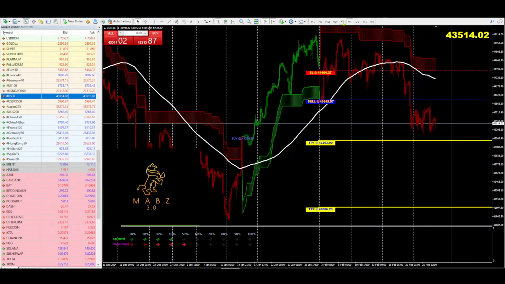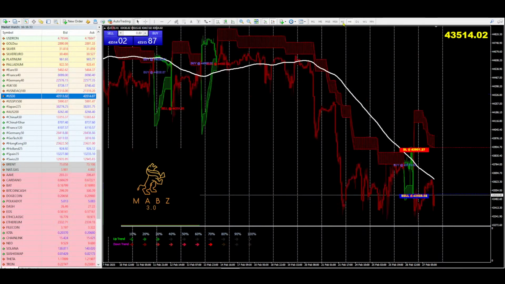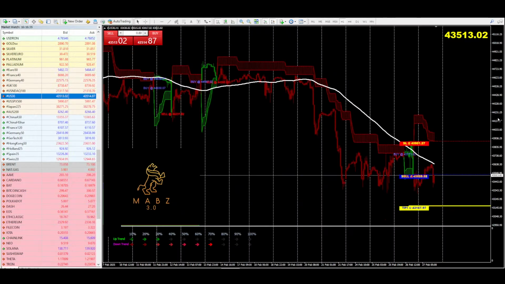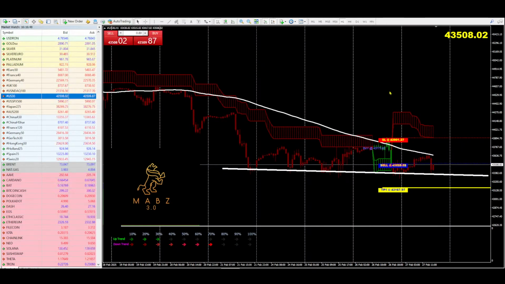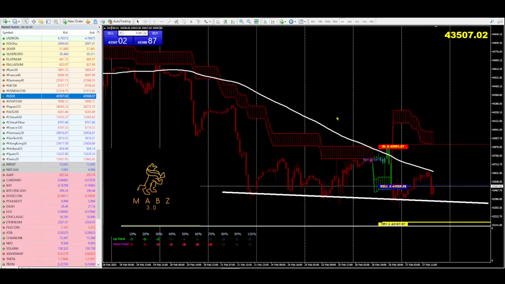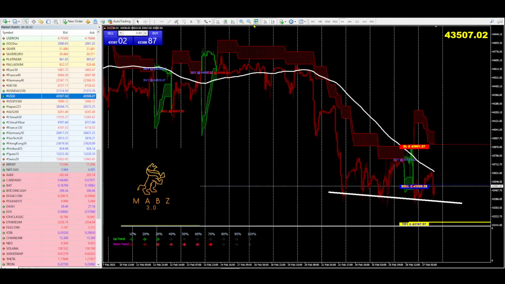Okay, US 30 on the H4. Can't really see much. Okay, it's giving us a sell signal. But here's another thing, the support and resistance. You guys see that right there? That is a support level. So right now on the H1 chart, if you zoom in, you would see that the US 30 is on a support.